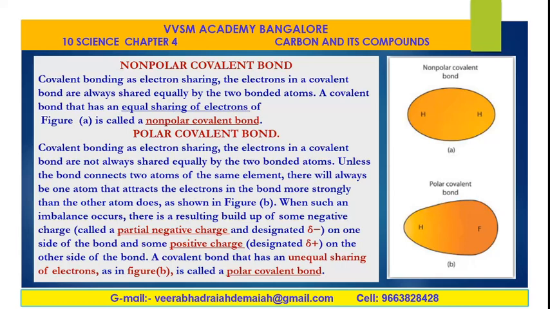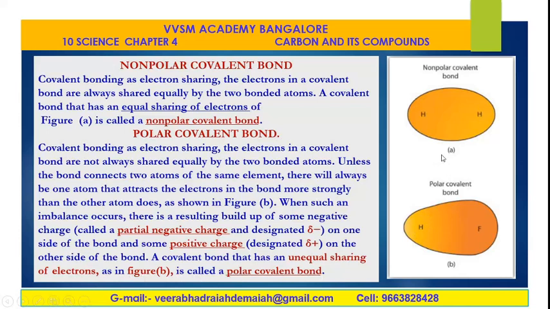Partial negative charge is designated as delta minus, a small negative charge, and a small positive charge is designated as delta plus on the other side of the bond. A covalent bond that has an unequal sharing of electrons, as in figure B, is called a polar covalent bond.